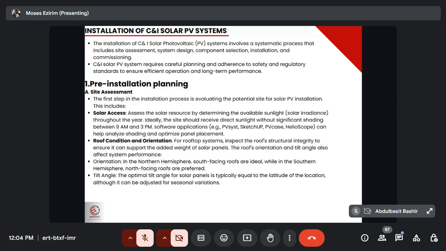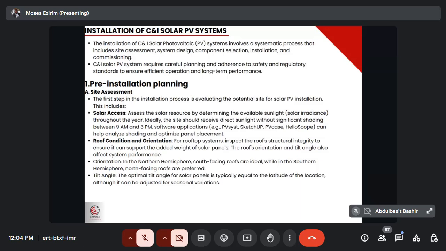But if you don't want to use software, you can also do your shading analysis manually. We're going to see that. Remember, I said this free course is manual, no software. So we're going to see how to do shading using manual methods. You can use that to analyze the shading and optimize panel placement.